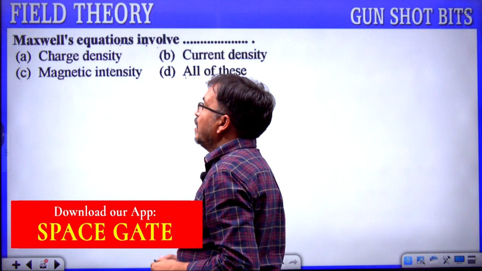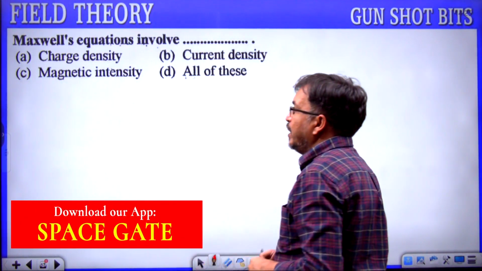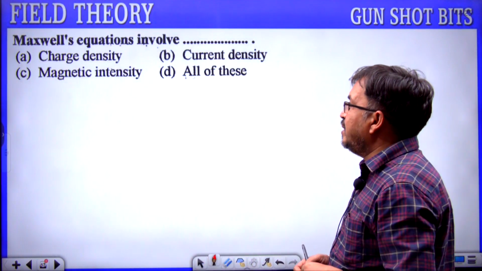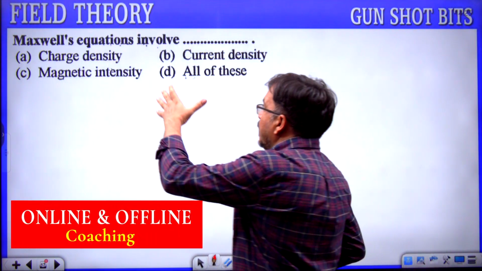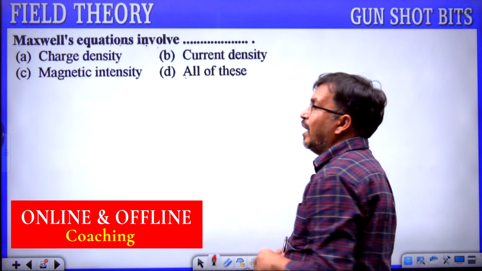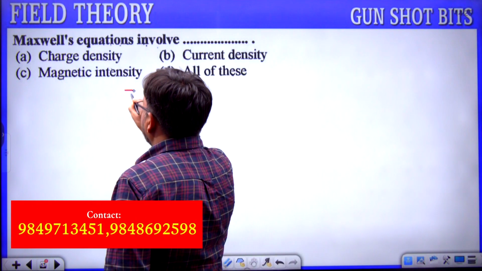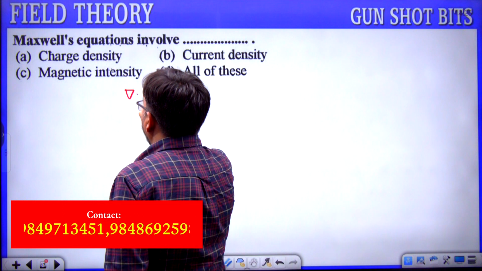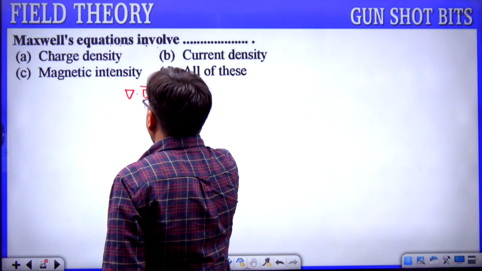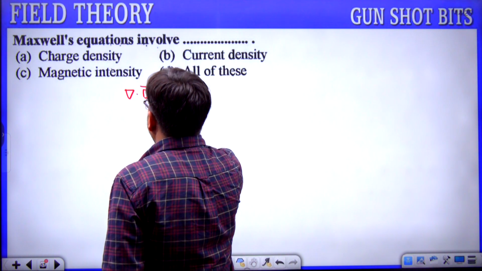Next question: Maxwell's equations involve charge density, current density, magnetic intensity, all of these. We know there are 4 Maxwell equations. The first equation is divergence of D equal to rho V, where rho V is charge density.